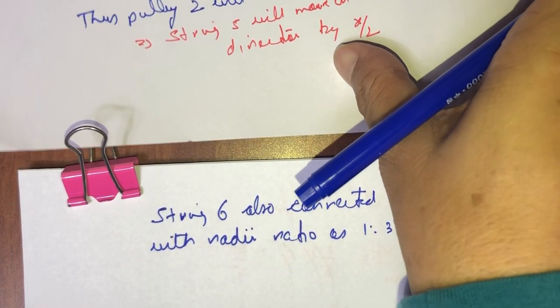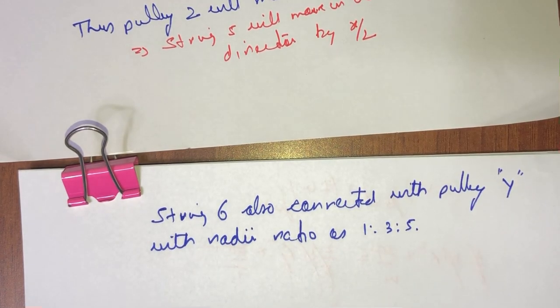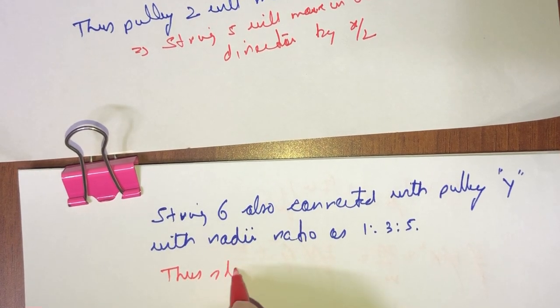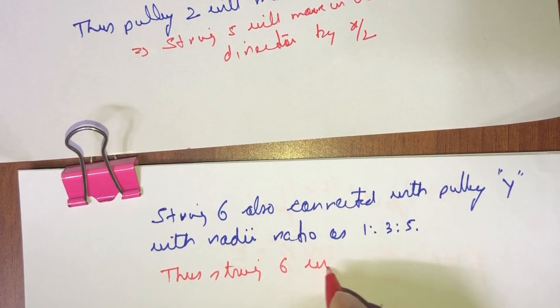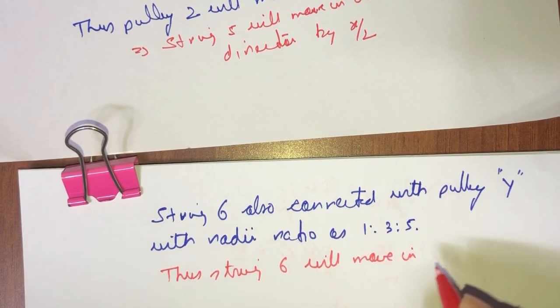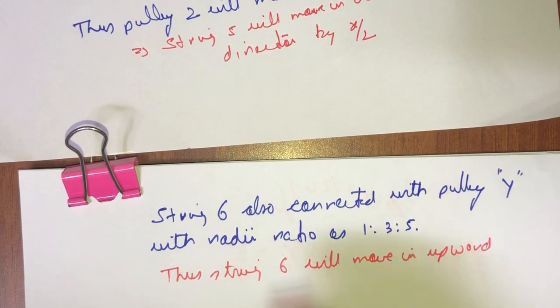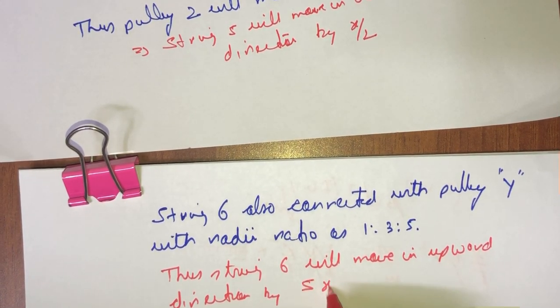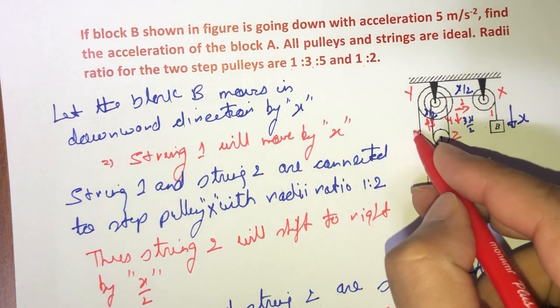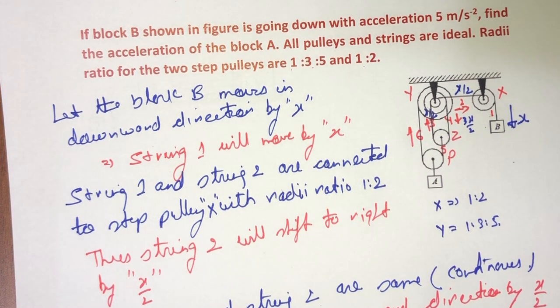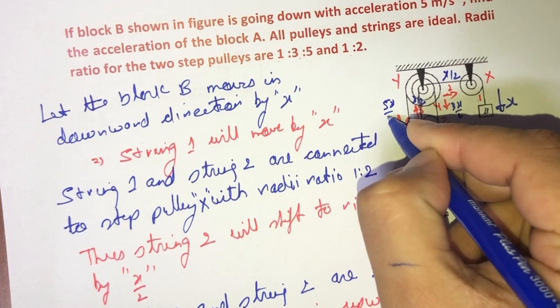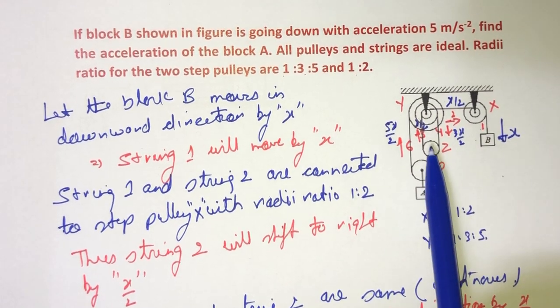So string 6 will move in upward direction by 5x/2. Thus string 6 will move in upward direction by the amount 5x/2.